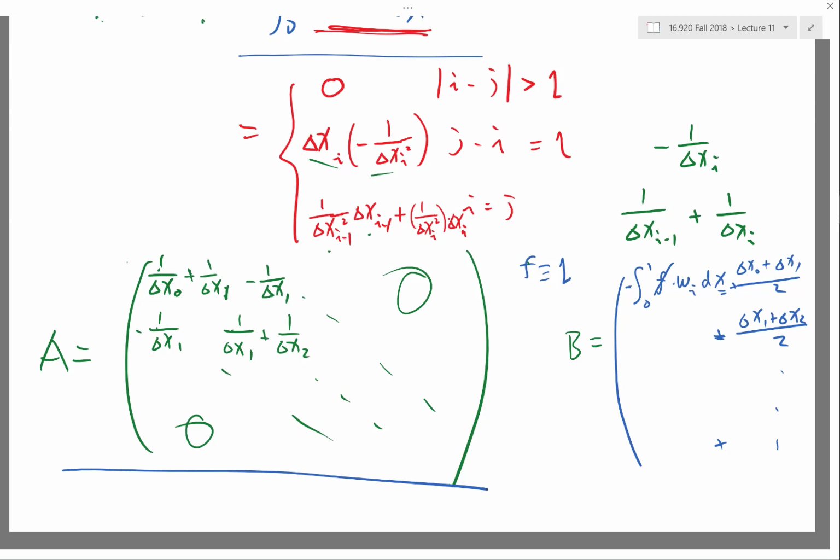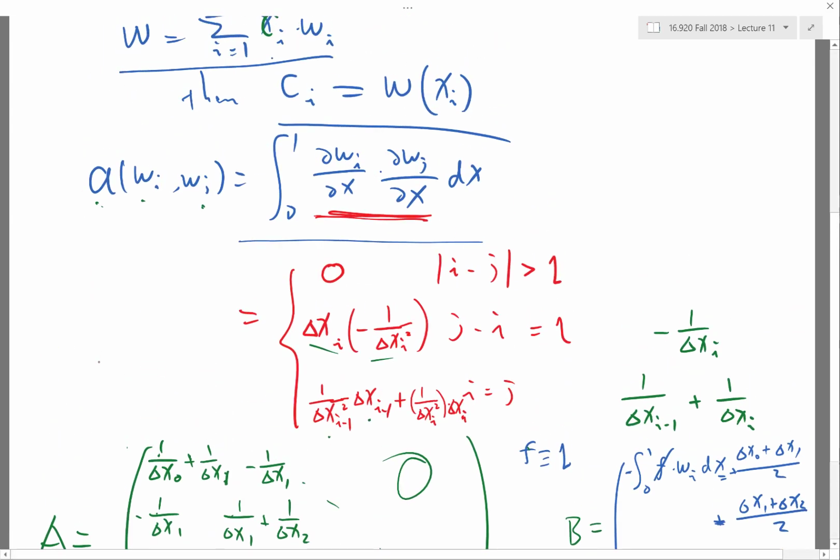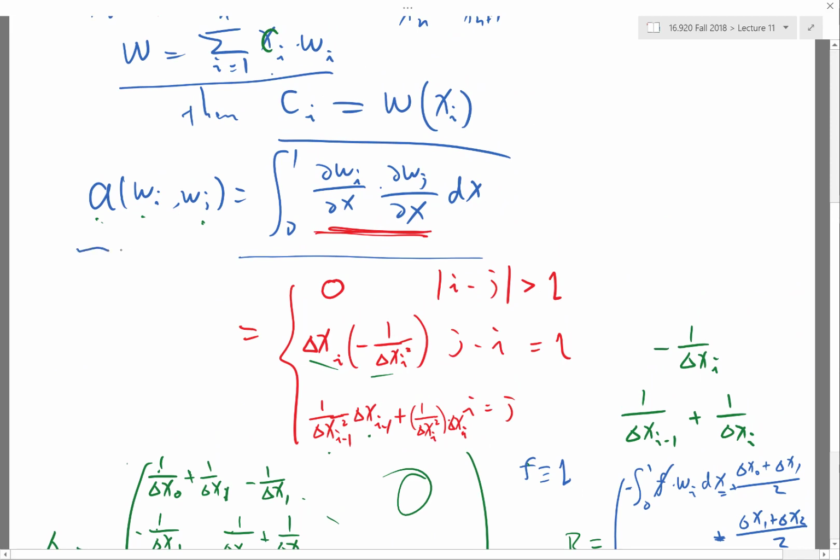An easier way is to realize that the matrix, which is an integral over the whole domain, can be split into a summation of the integral over element i. So basically x_(i-1) to x_i. And this is actually general.